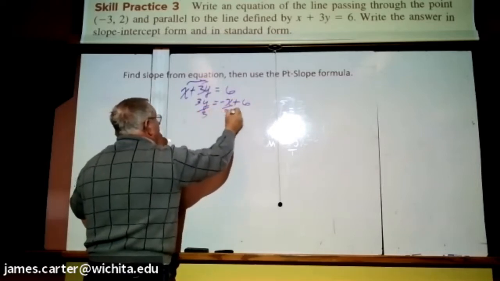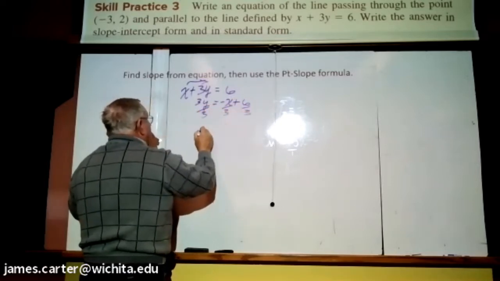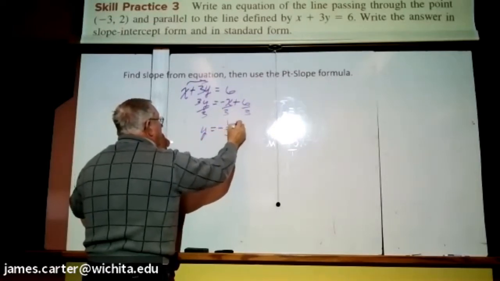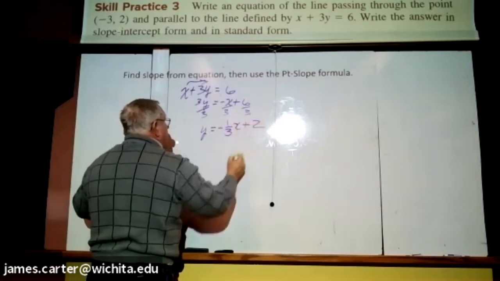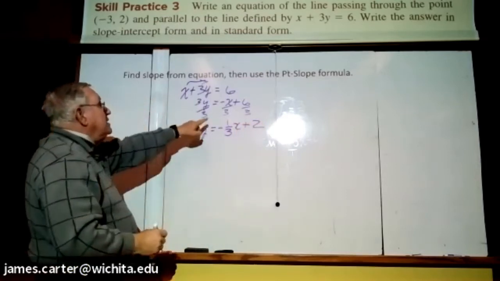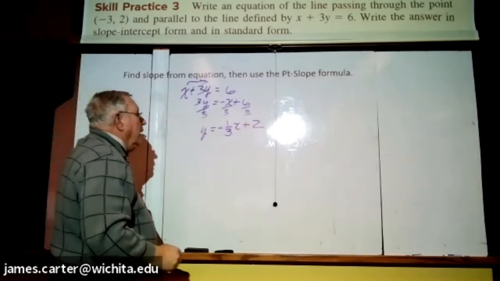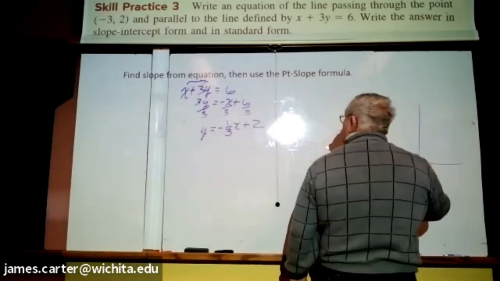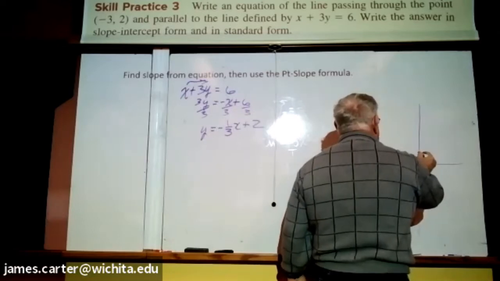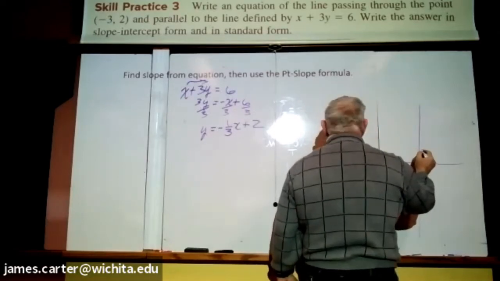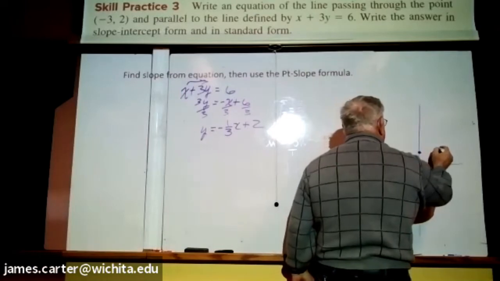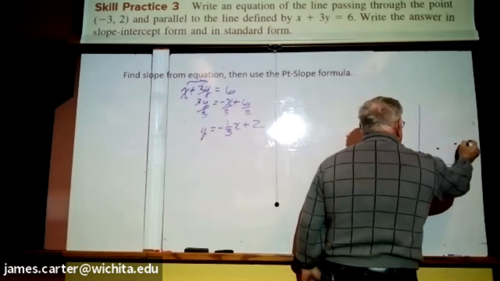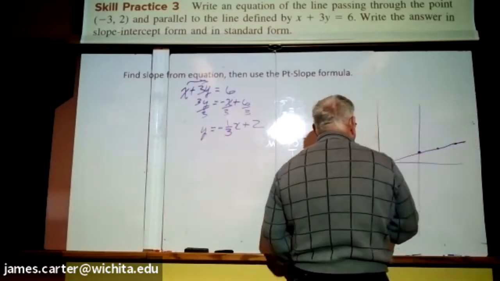So I get y equals -1/3 x plus 2. Okay, that's the basic equation. And that basic equation would be here for the y-intercept, and it would go up 1 over 3, up 1 over 3 with a line like so.